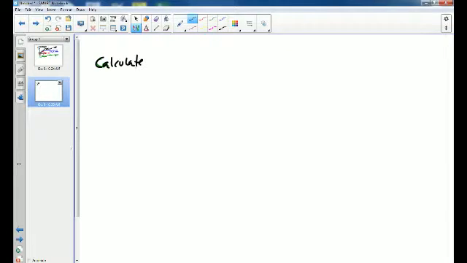So calculate the slope of a tangent line to f of x equals x squared, x equals 2. We'll just start easy.